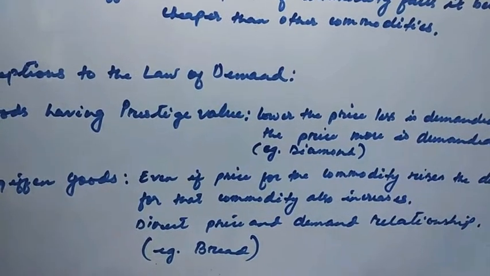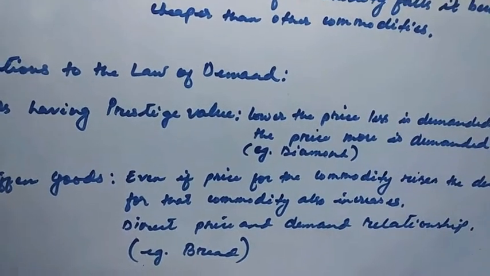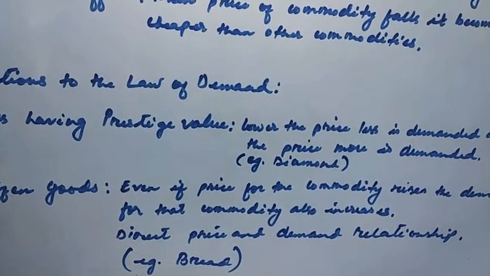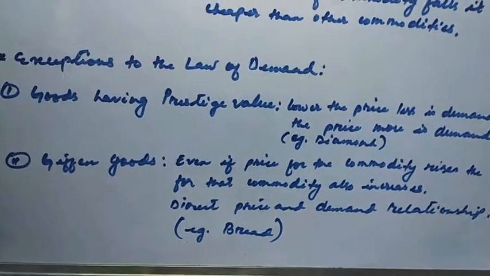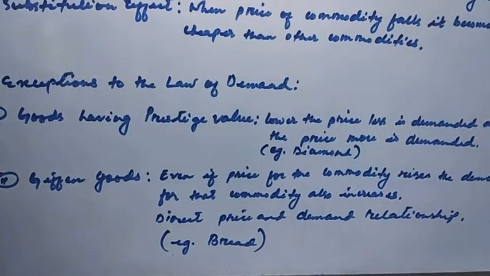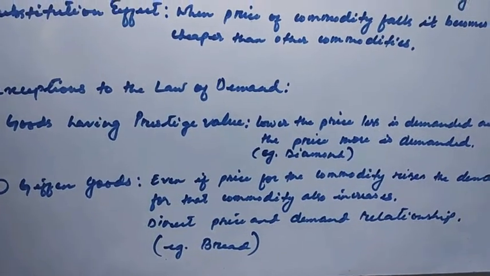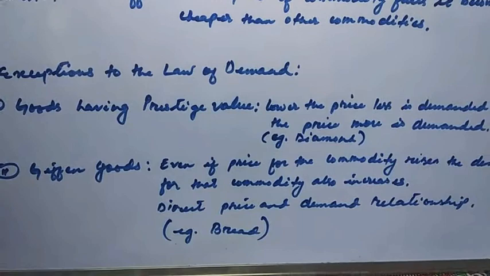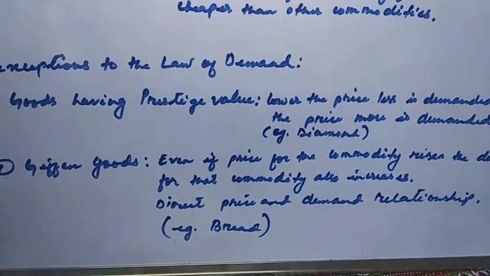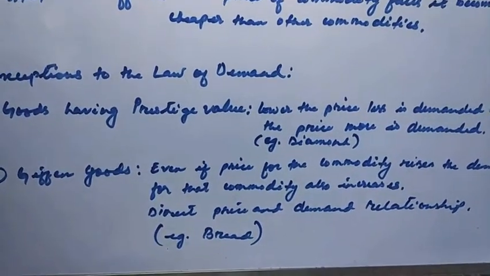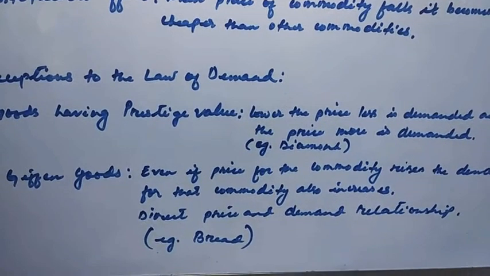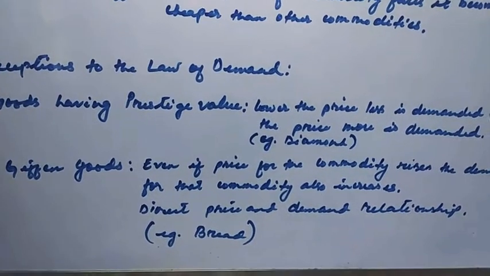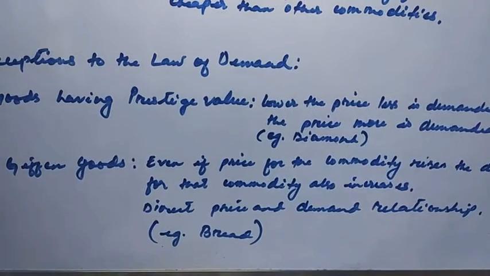Thus they substituted bread for meat in order to maintain their intake of food. So even though the price of bread has increased, they purchase more bread because they are not able to afford any other food, such as meat.